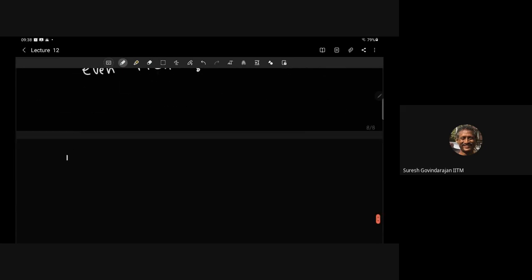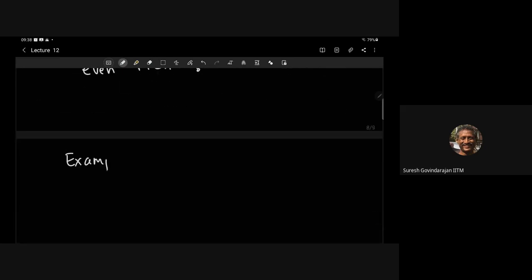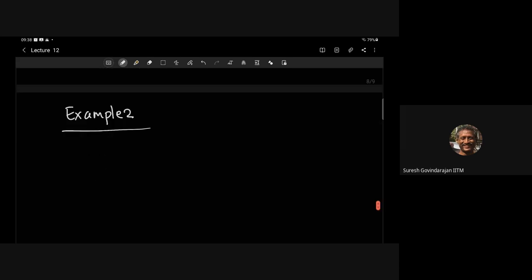Okay, so we'll do a second example, and this is to illustrate why holonomic constraints are nice.